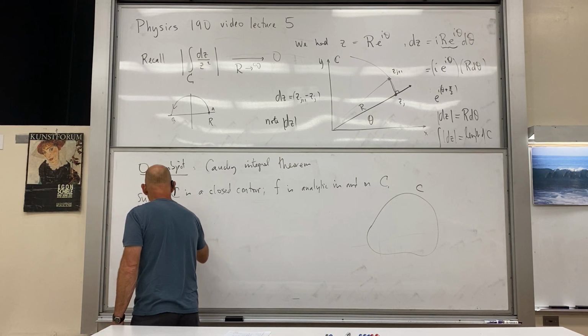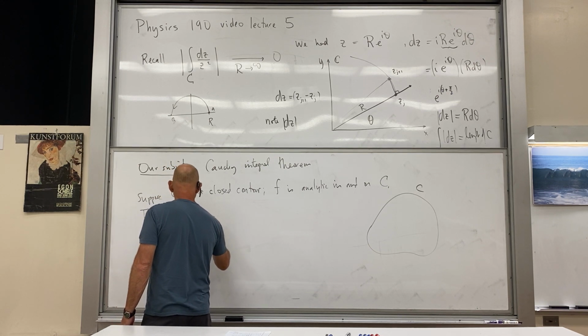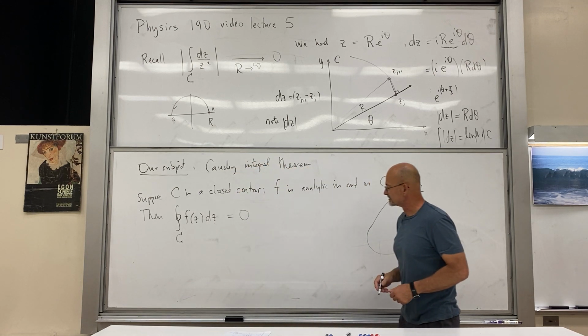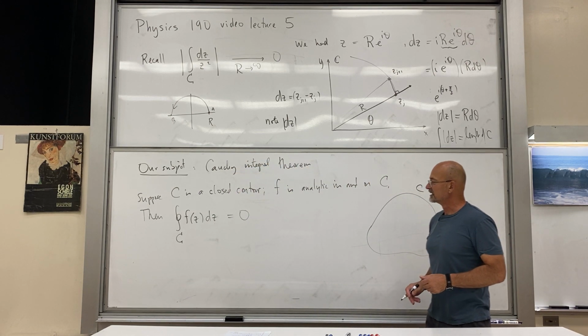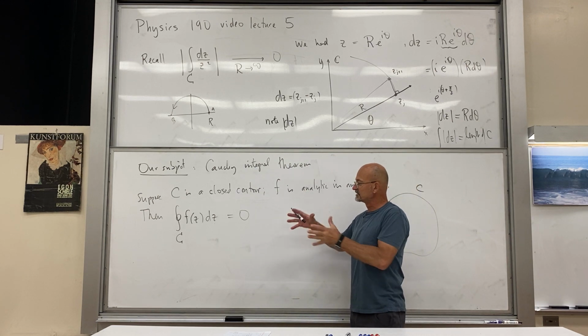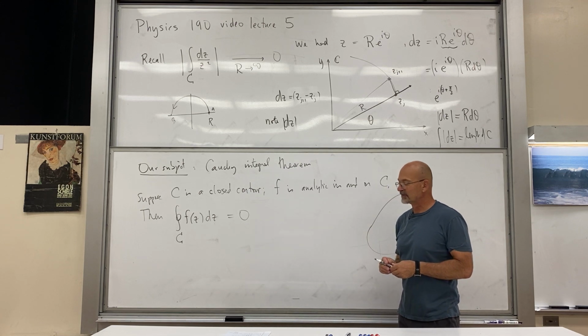Then the closed integral around this contour of f of z dz is equal to 0. And because complex functions are so tied together, this is going to have huge ramifications.